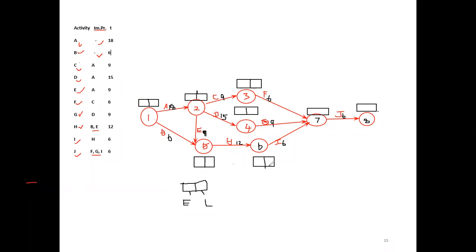Now first part we will do. To calculate the total completion time, in the first part, earliest start time, we have to put the earliest time from the forward calculation. Now I will do the forward calculation here.